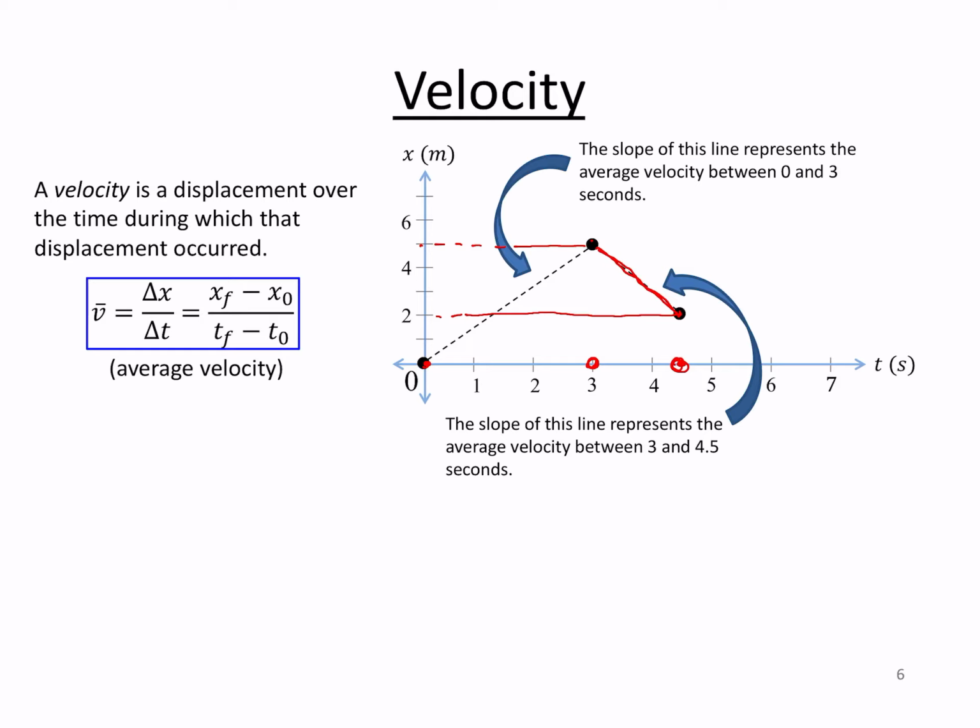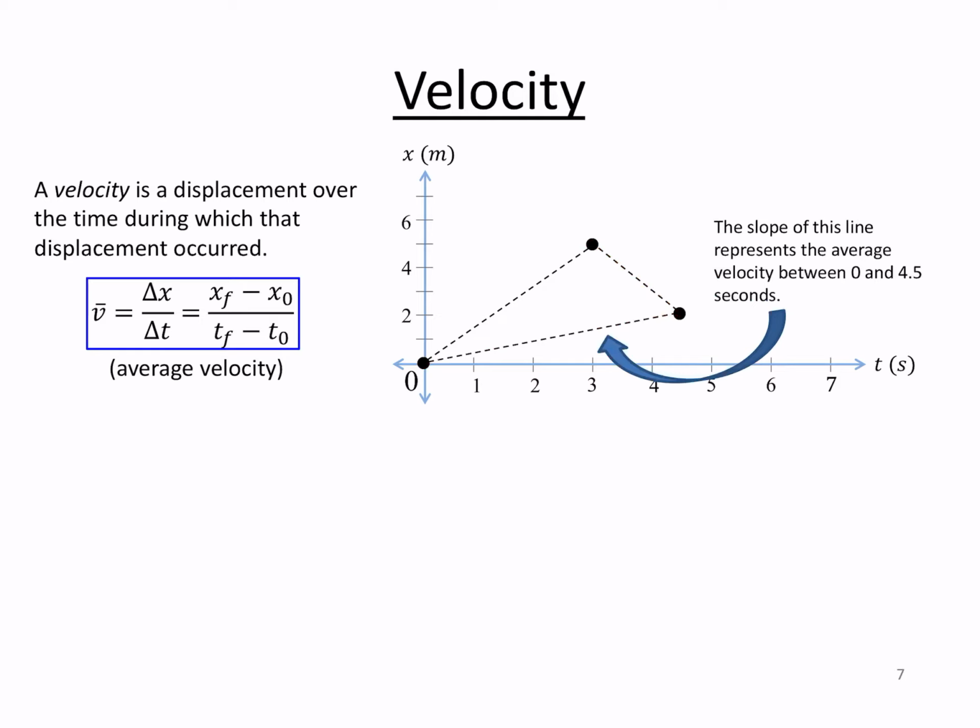And if we were again interested in the average velocity of the object, whatever this is, between 0 and 4.5 seconds, well, then that would be the slope of this line. Because when we're talking about average velocity, we wouldn't care so much about what's happening in between. We look at the final position, we look at the initial position, and we look at the final time, wherever we stop our stopwatch and wherever we start our stopwatch. And we can figure out what the average velocity must have been. Okay?